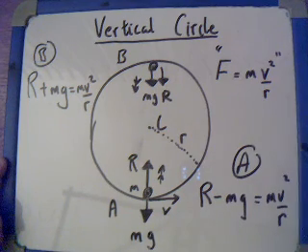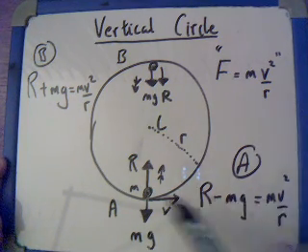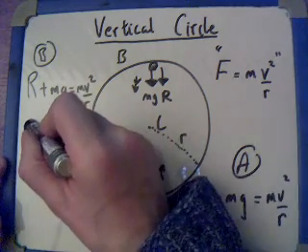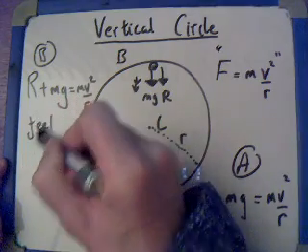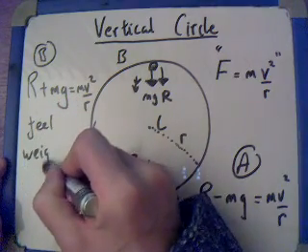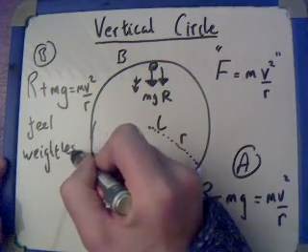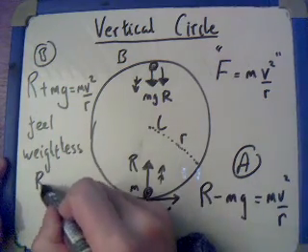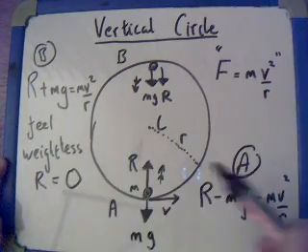Now, interestingly, if you're going round in one of those roller coaster rides, some people do report that they feel weightless. Of course, they're not exactly weightless, they just feel weightless. To feel weightless, the condition is that the reaction force is equal to 0.